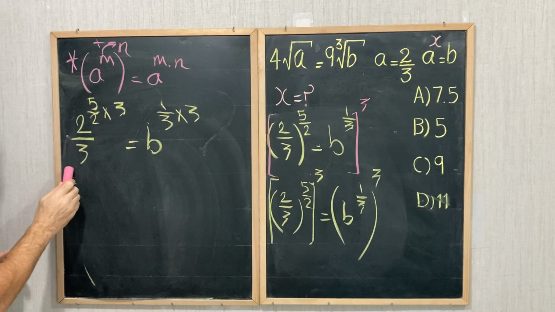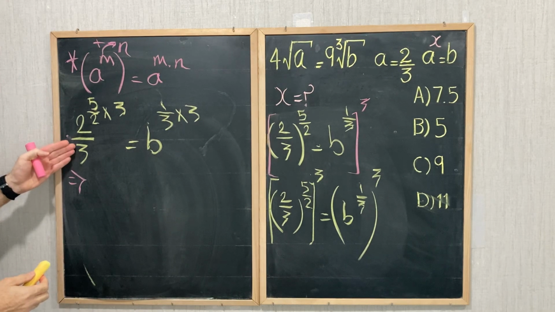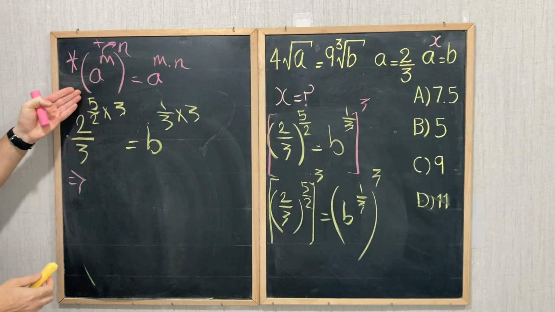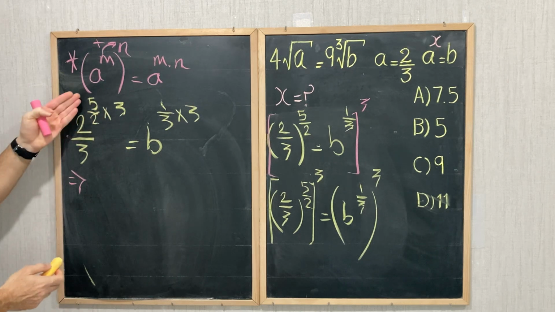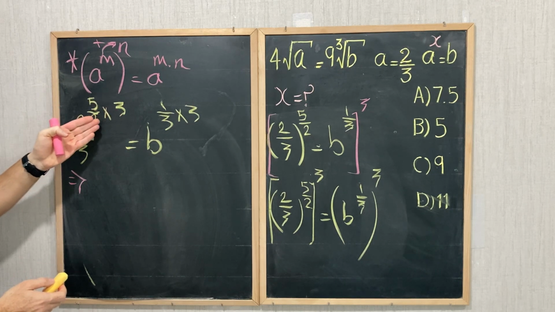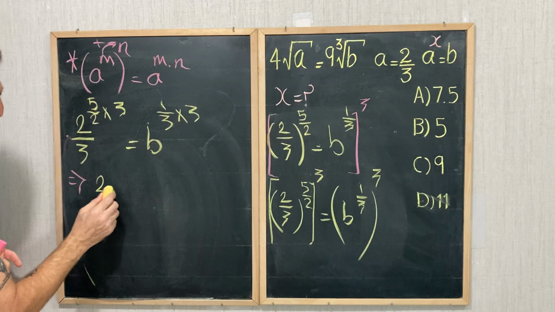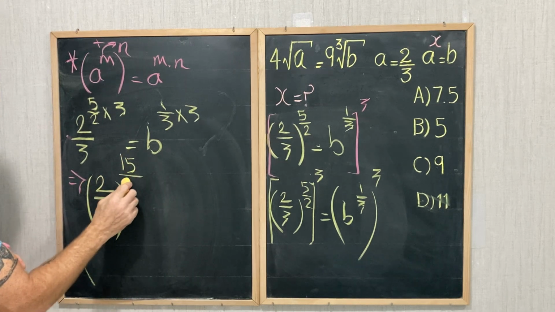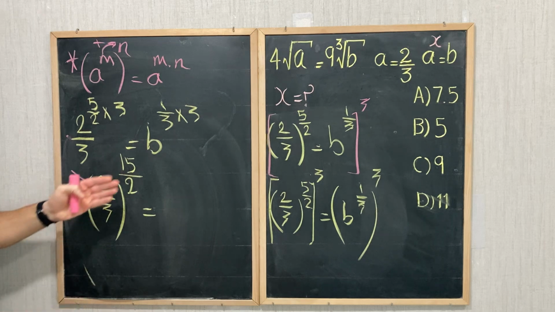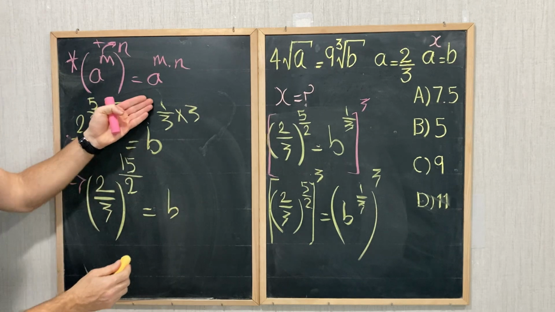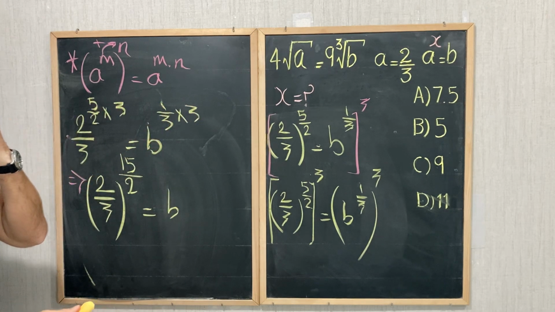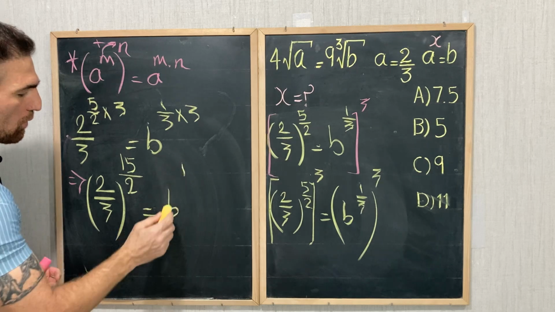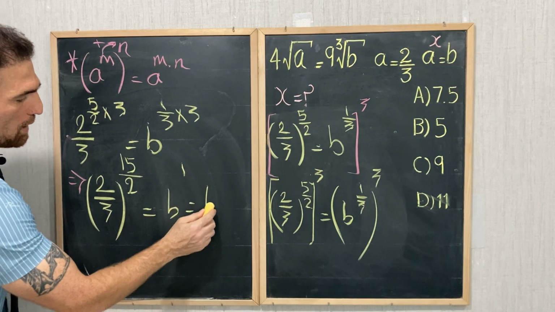So next step, 2 over 3 to the power of 5 over 2 times 3. 5 over 2 times 3 equals 5 times 3, 15 over 2. It's going to be 2 over 3 raised to the power of 15 over 2. And right side, b to the power of 1 over 3 times 3 equals 3 over 3, or 1. b to the power of 1 equals b.